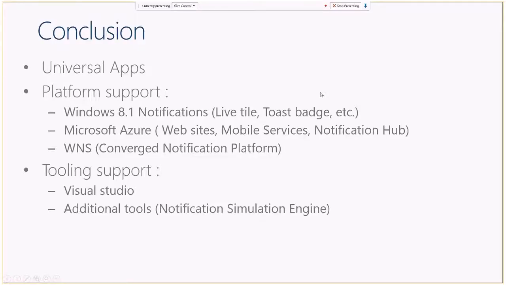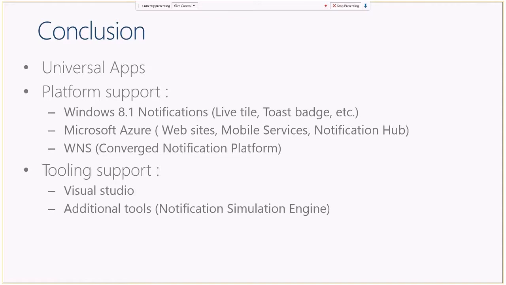So we'll conclude with that. Universal apps are the new way to go. So you have no excuse. You can develop for both platforms, Windows and Windows Phone. You have platform support, for example on the notification side, with APIs and services that have come to align both platforms, phone and Windows.